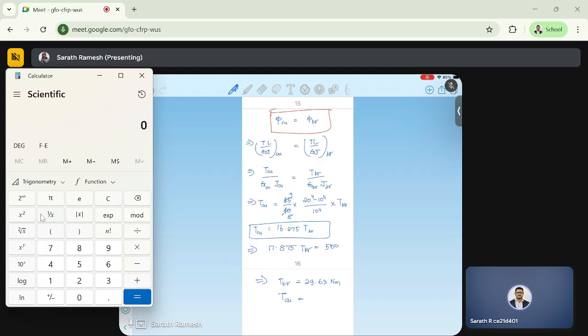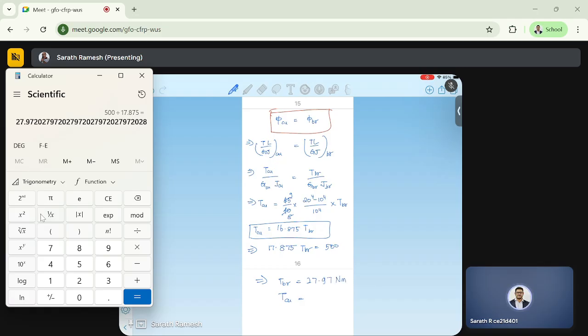The T brass is 500 divided by 17.875. This is 27.97 Newton meters.